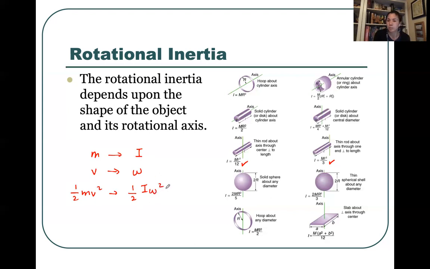That's important because you may remember that we used conservation of energy before and it used kinetic energy. And you can see that this is now going to use this rotational inertia. So that means that if you look at different objects, sometimes we look at two objects on a ramp that are rolling down, and depending on the shape, we can predict which one is going to arrive faster at the bottom of the ramp.